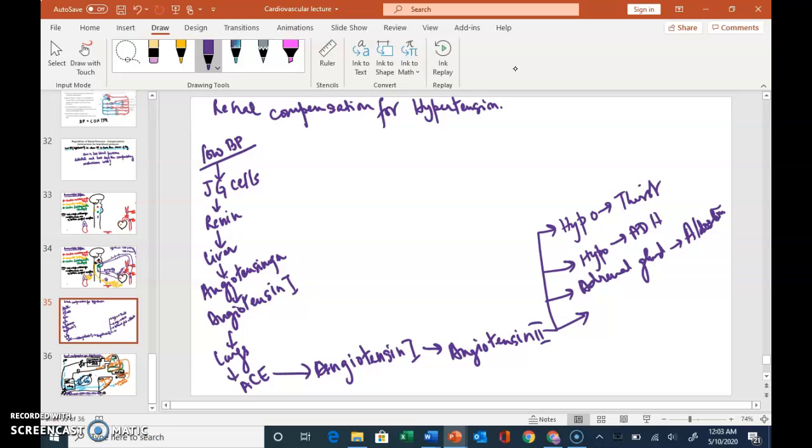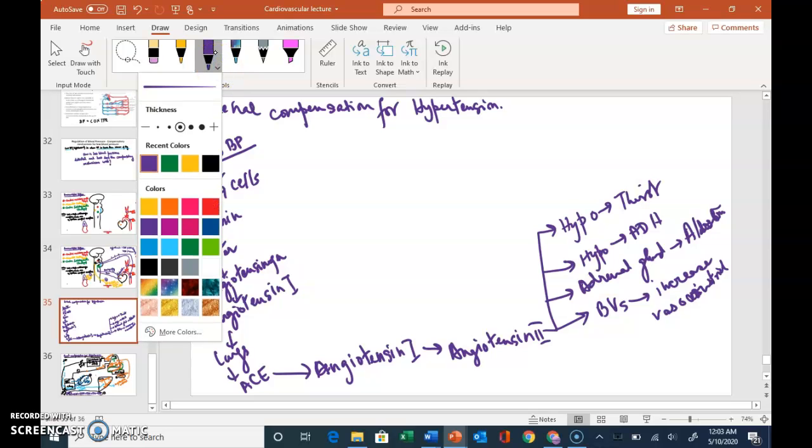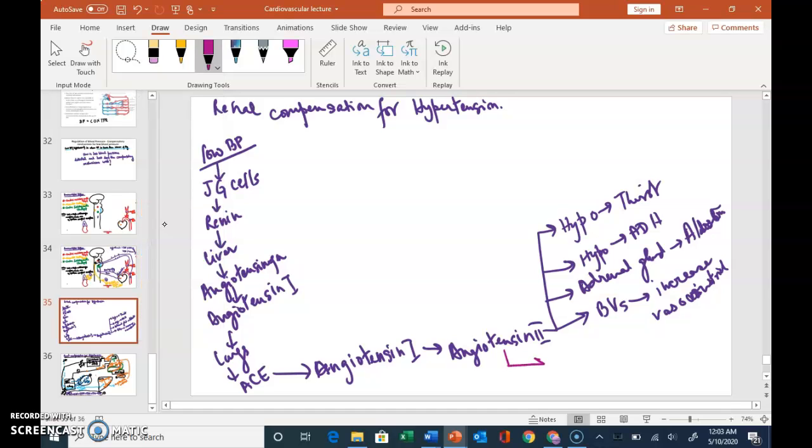It can also work on the blood vessels to increase vasoconstriction. We know this. Now, listen carefully. On top of this, we know this information from hypotension, remember? On top of this, angiotensin can also work on the heart.